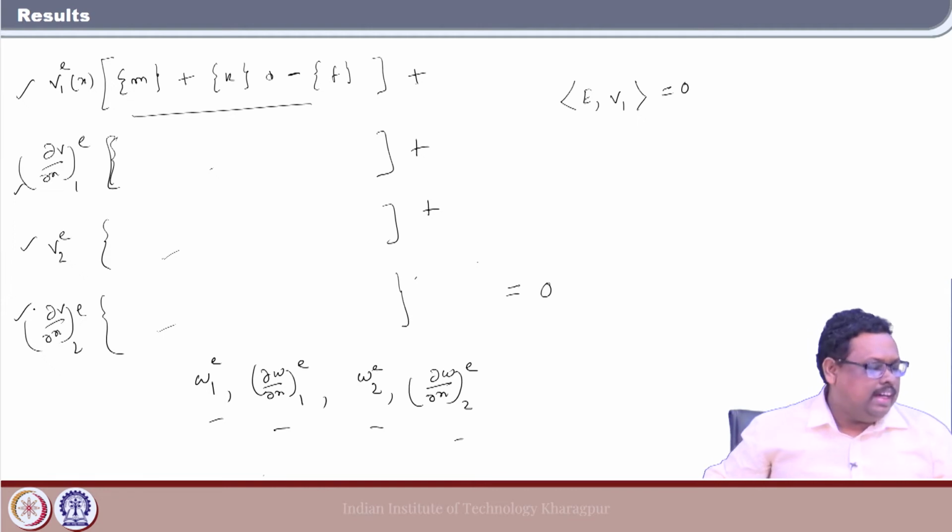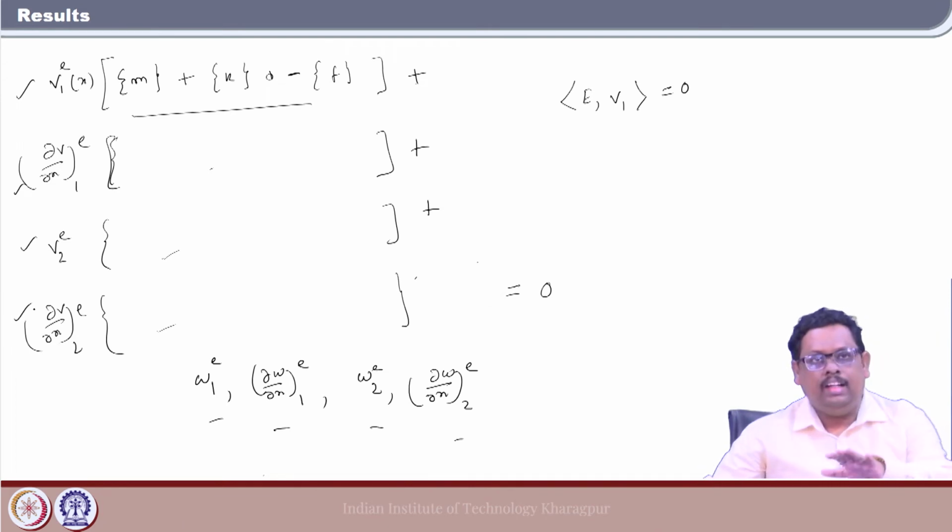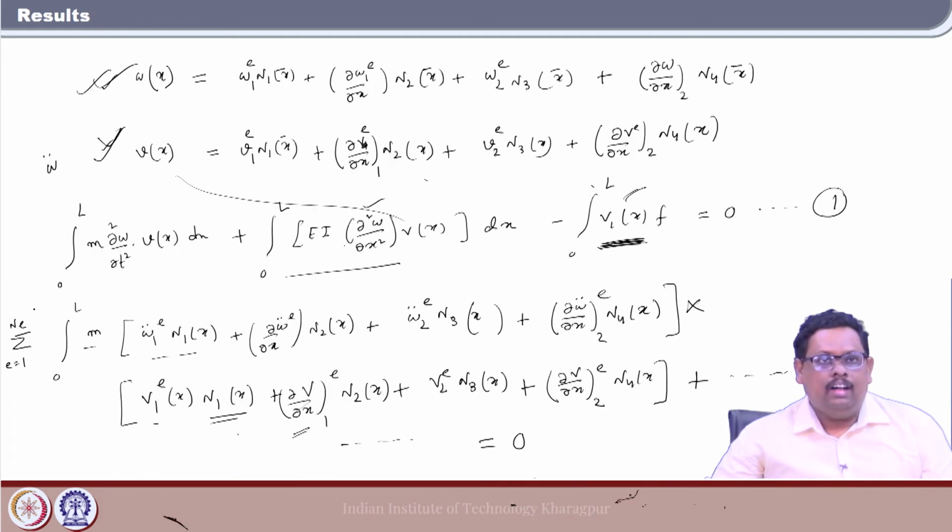So, this is the idea. If you do that, then finally what you are getting is a matrix. You have some 4 matrix, right. I mean, if I write everything in matrix form, then how do I write it?